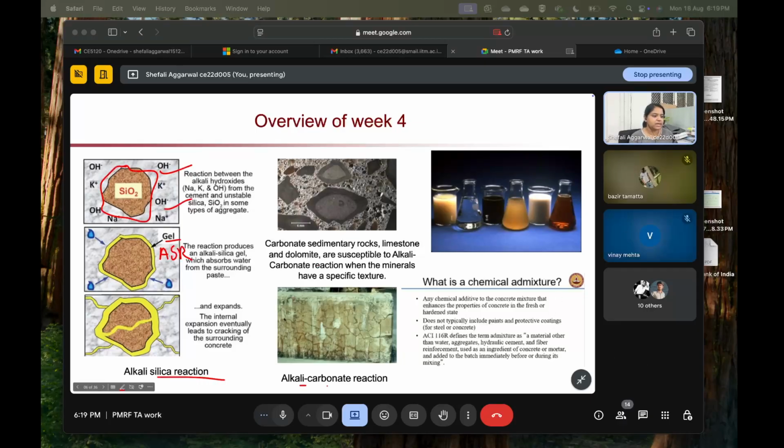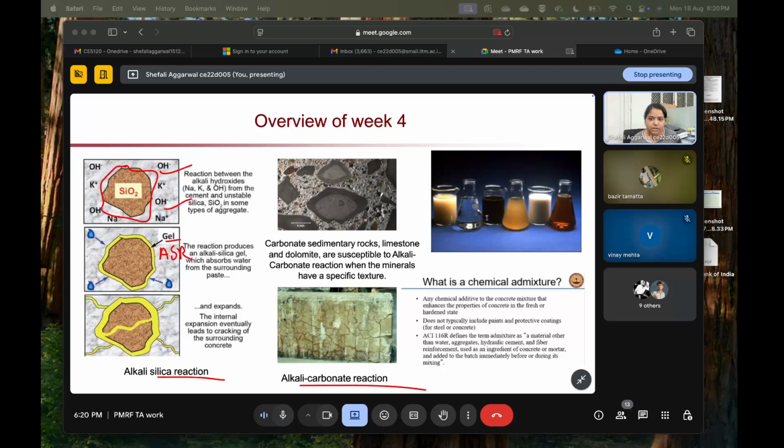Another problem is alkali carbonate reaction. If you have more carbonate sedimentary rocks, for example limestone and dolomite, and they have more carbonates, it will again react with the alkalis of your concrete system, and the same thing will happen.